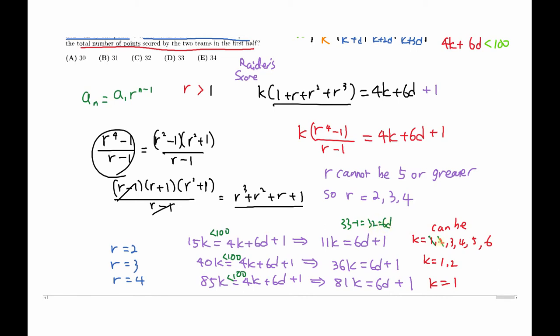That's not going to be an integer again. And say 4, 44 minus 1, you get 43, nope. And then 5, 55 minus 1, so 54. Oh, wait a minute, d becomes 9, right? 6 times 9, you get 54.